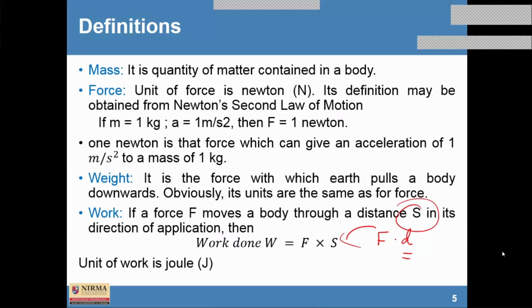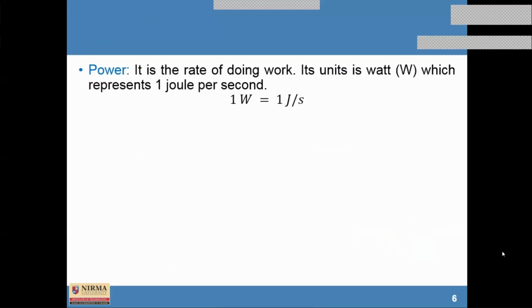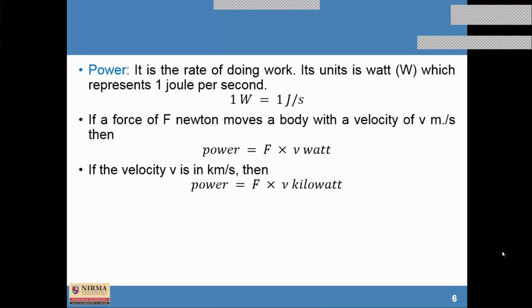So unit of work is also joule, which was already discussed. Power is nothing but the rate of doing work. Unit is watt, and if watt is with respect to time, then it is energy. So 1 watt is equal to 1 joule per second, and similarly we can derive an expression for force, Newton.